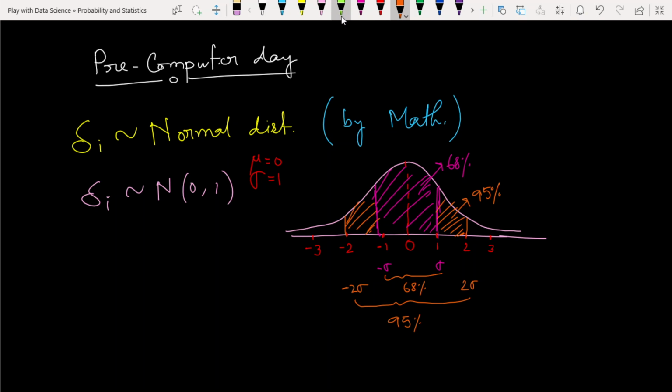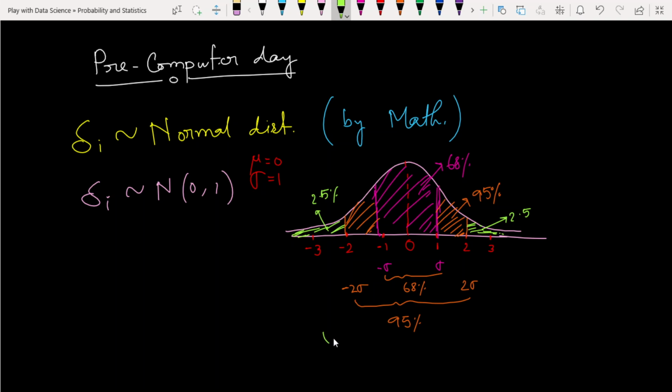Means how many points do we have on this side? The rest of the points must be 5%. On this side we have 2.5%, and on this side also 2.5%.